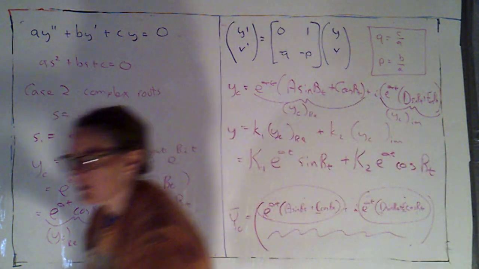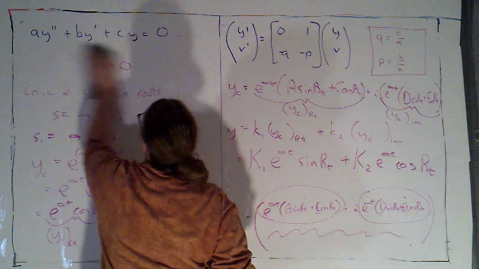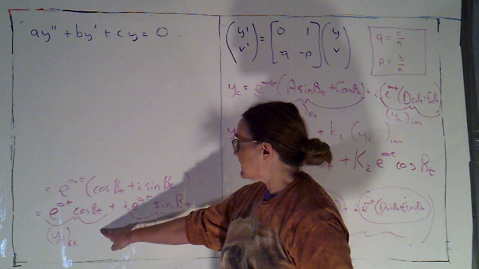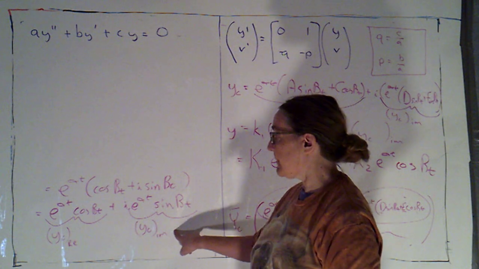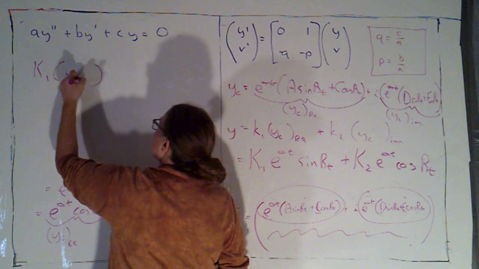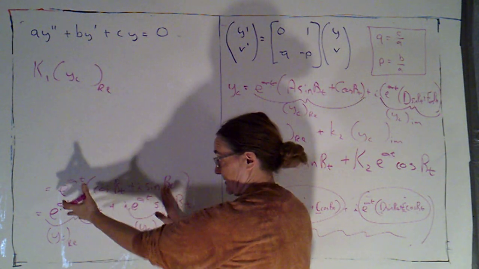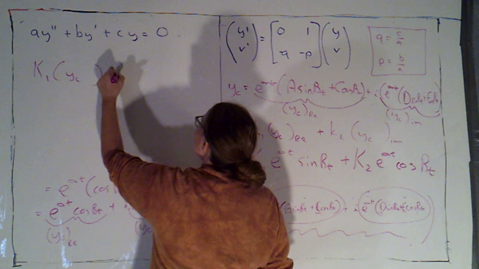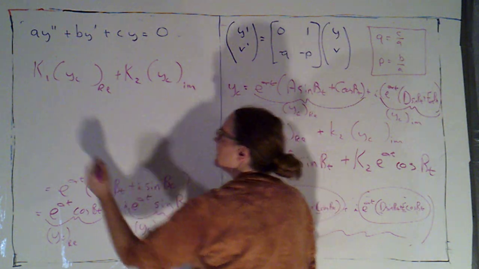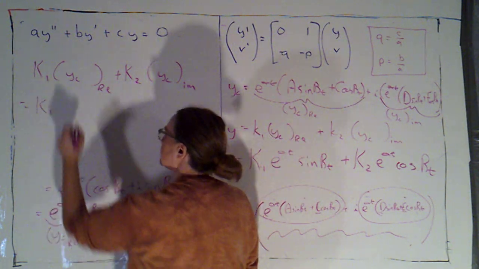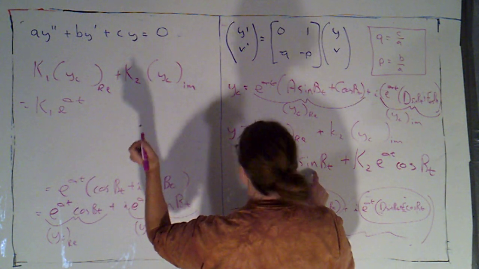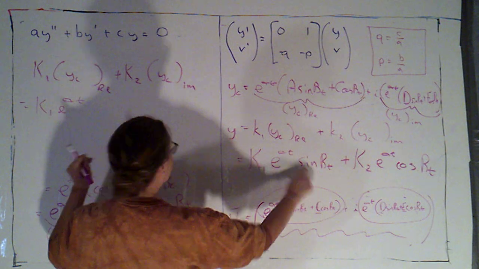So over here, if I were to just take some copies of the real part and some copies of the imaginary part, K1 copies of the real part of this complex solution that I have over on this side of the board, plus K2 copies of the imaginary part, that would just be K1 copies of e to the alpha t times... I should switch it because I wrote sines first here.